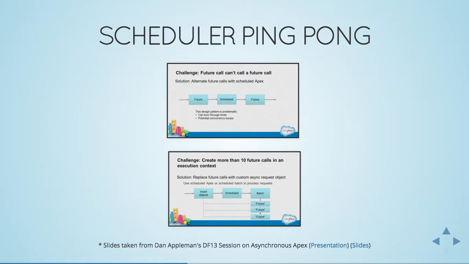When you have some asynchronous process that needs to be run, the logic in your trigger or Visualforce controller would insert one of these async request records that contained information on what needed to be done. And then it would start off this scheduled batch chain, which would continue to call itself until there were no longer any more records left in the queue to be processed.